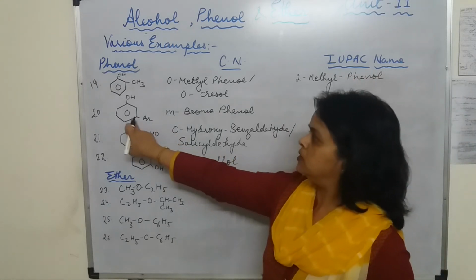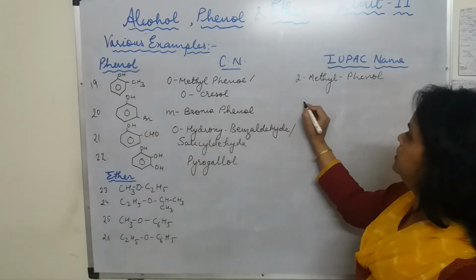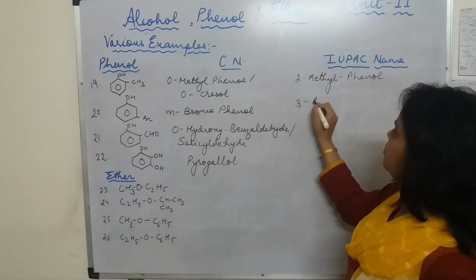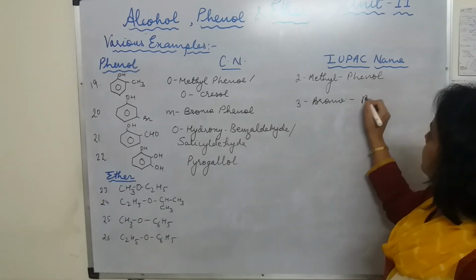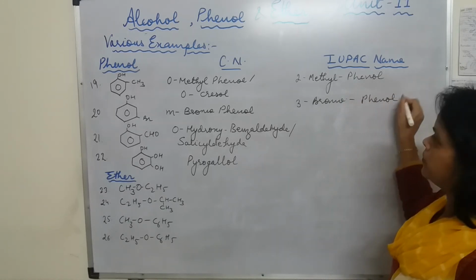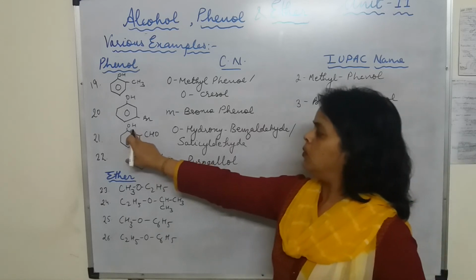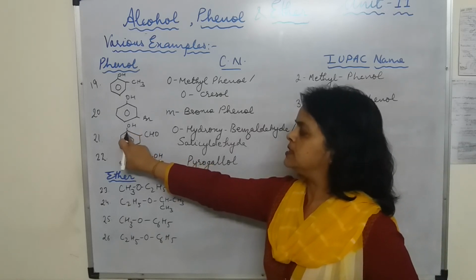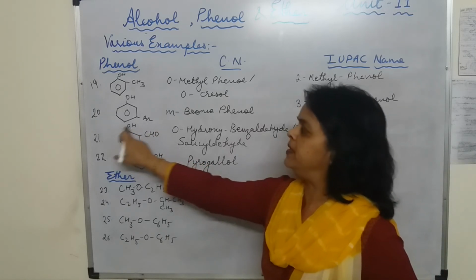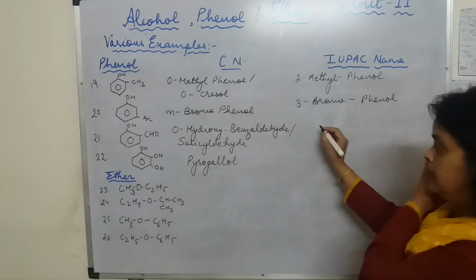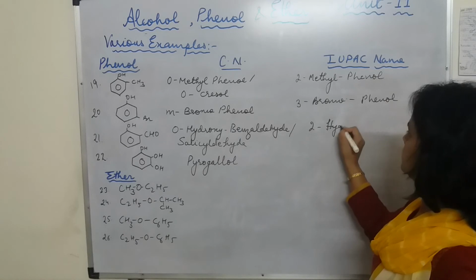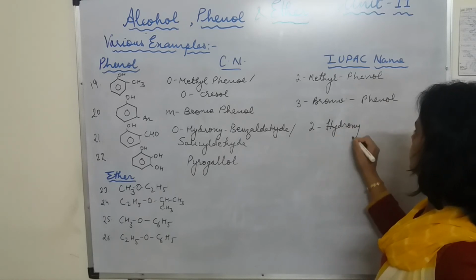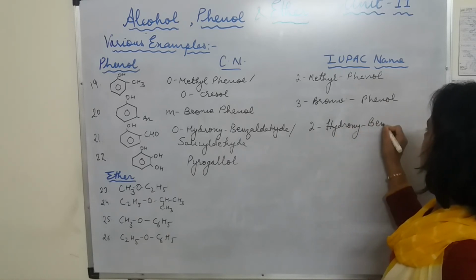Here Br is present on the third carbon, so we will write the name 3-bromophenol. For this, the OH group it is present on the second carbon, and this is the benzaldehyde, so we will write the name 2-hydroxybenzaldehyde.